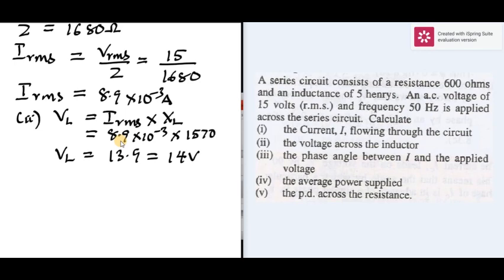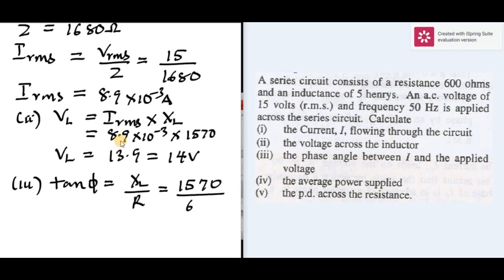The phase angle between the current I and the applied voltage will be given by the expression tan phi equals XL all over R. Inductive reactance is 1570 ohms divided by the resistance 600.